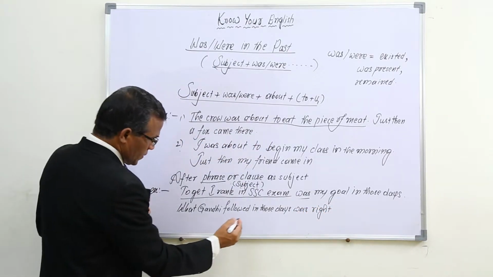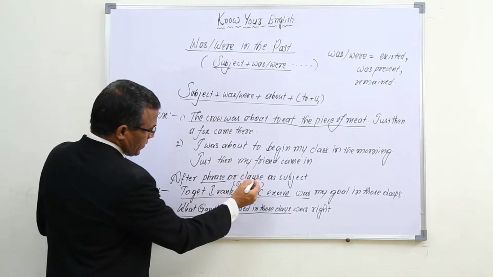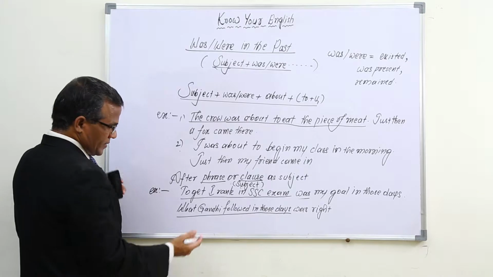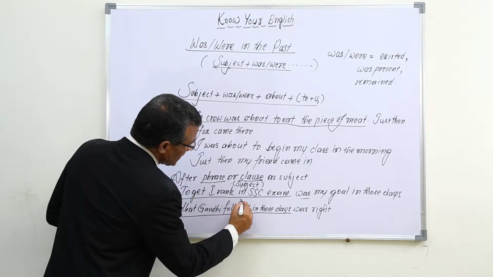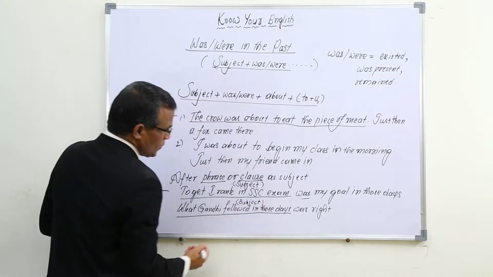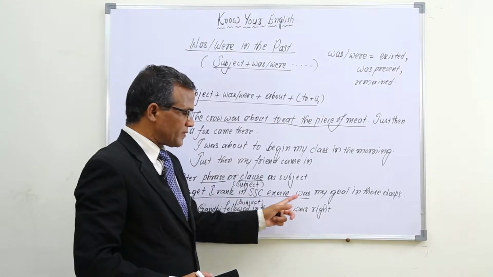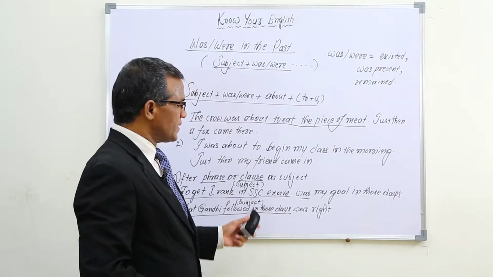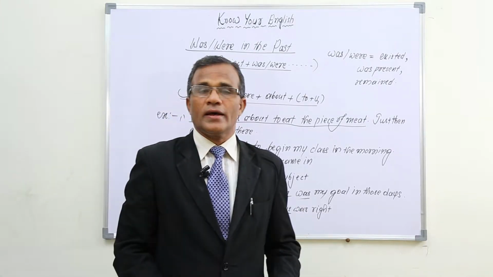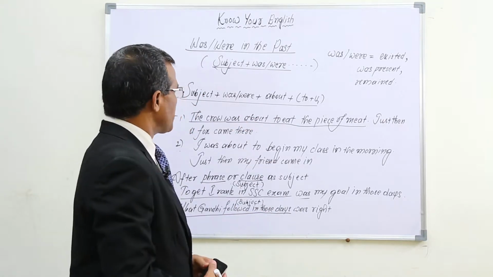So what Gandhiji followed in those days, this is one clause really. So this clause also working here as subject. Sometimes maybe a phrase, maybe a clause works as subject, and after that we use was or were. Such a way we use this was or were structure in a different way, right?